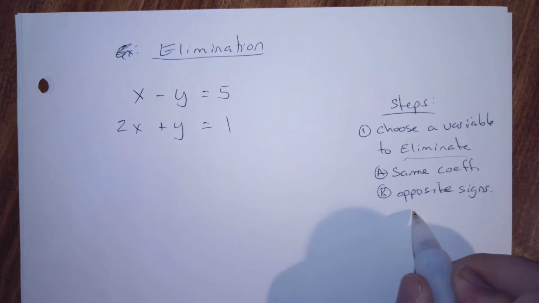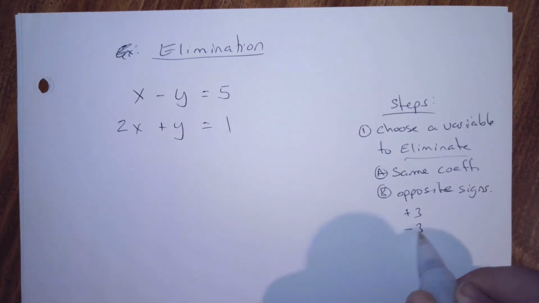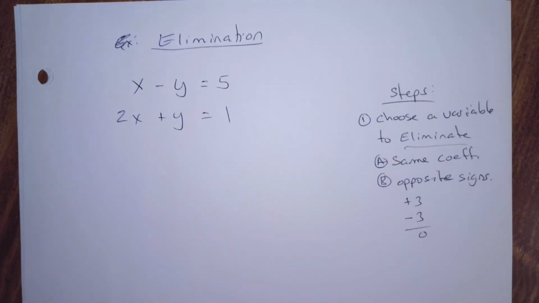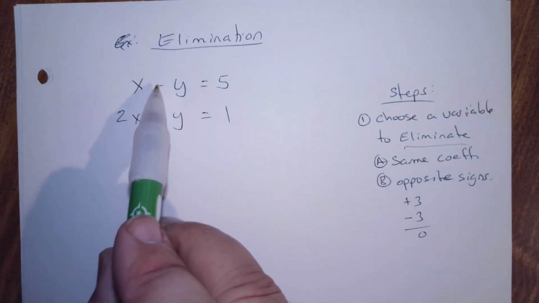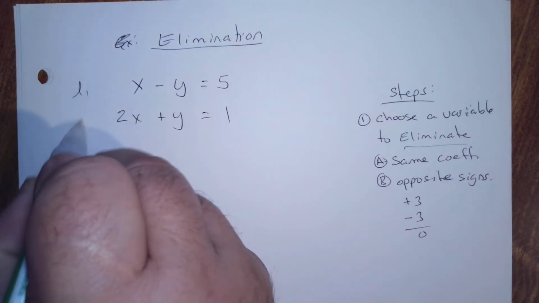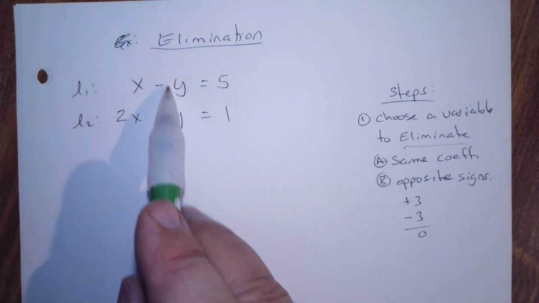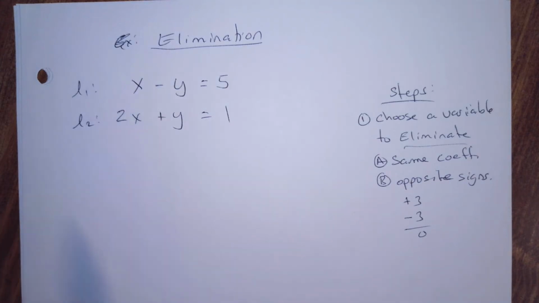In other words, if you have a positive 3, you need to have one that has a negative 3, so when you add them together, it becomes 0. Looking at these equations, here's line 1, here's line 2. The y's, their coefficients are both 1. One's positive, one's negative.